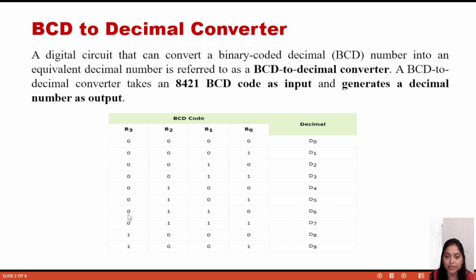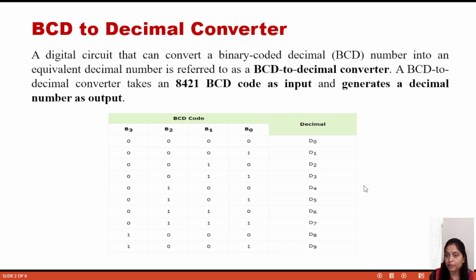D6 is B3 bar, B2, B1 and B0 bar. D7 is B3 bar, B2, B1 and B0. For D8, B3, B2 bar, B1 bar, B0 bar. D9 is B3, B2 bar, B1 bar and B0.